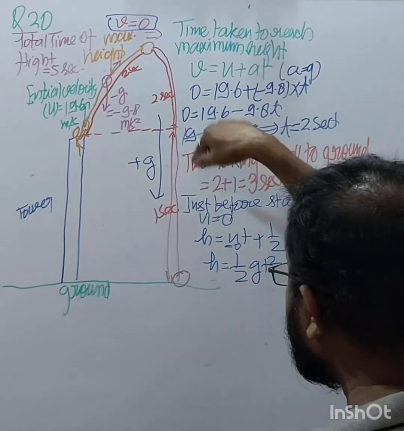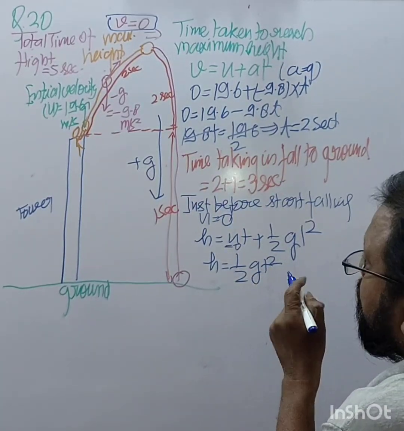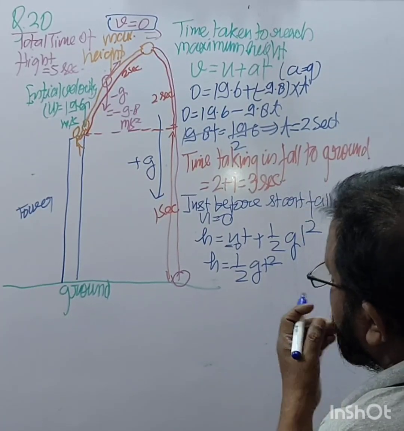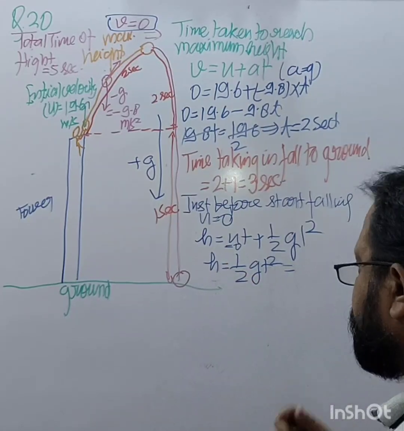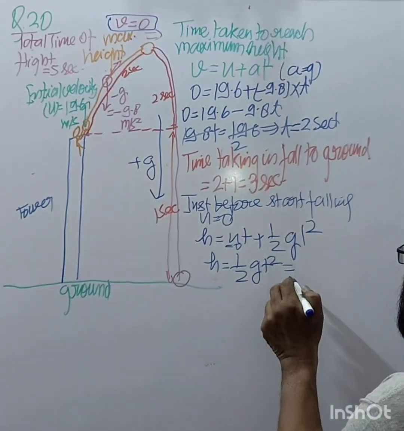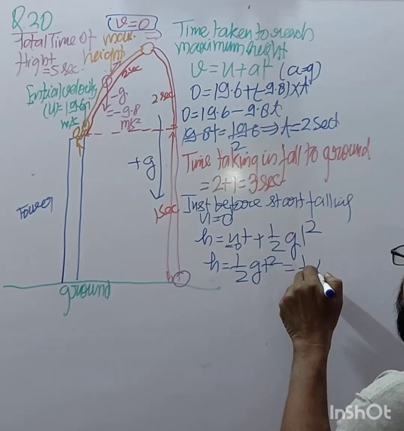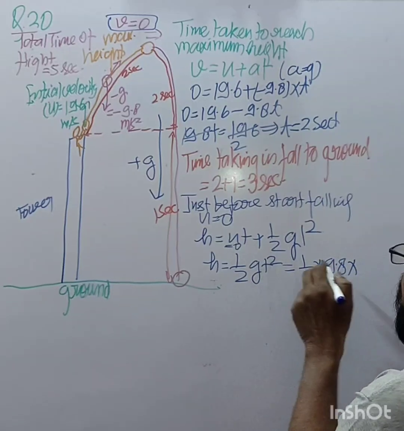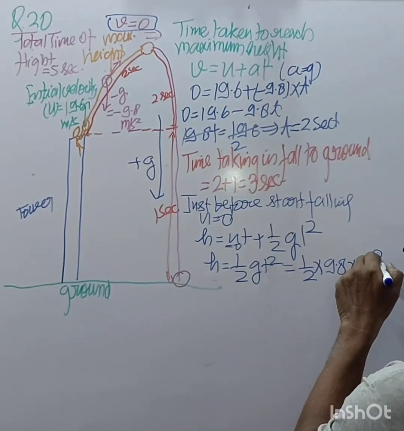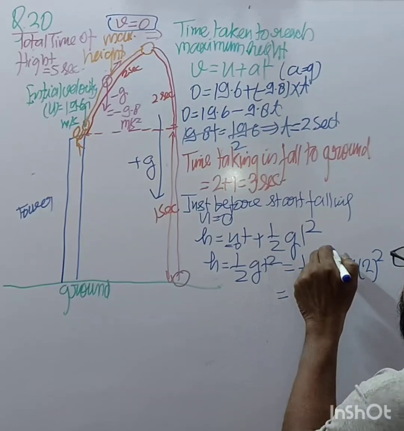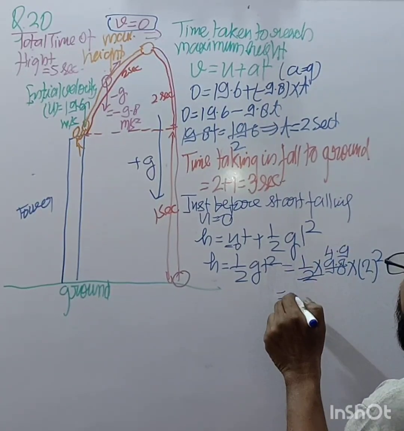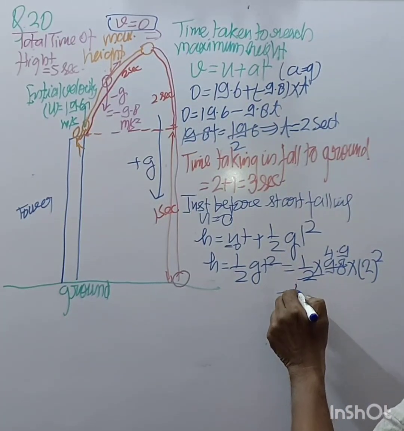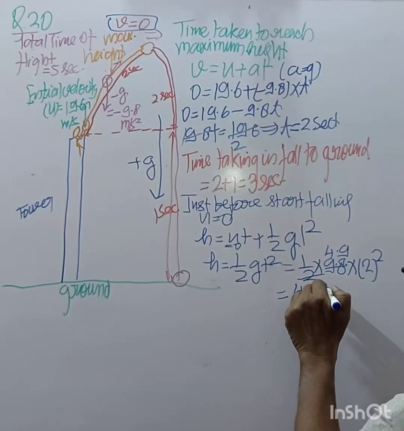So in 2 seconds, what will be the height? 1 by 2 into 9.8 into 2 square. So it is 4.9 into 4.